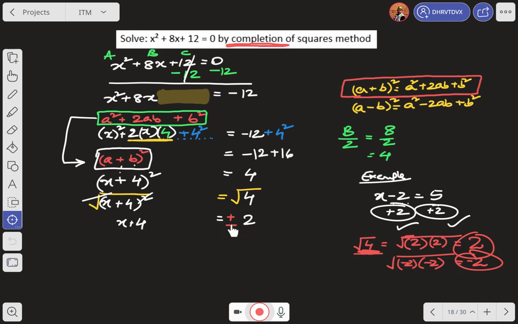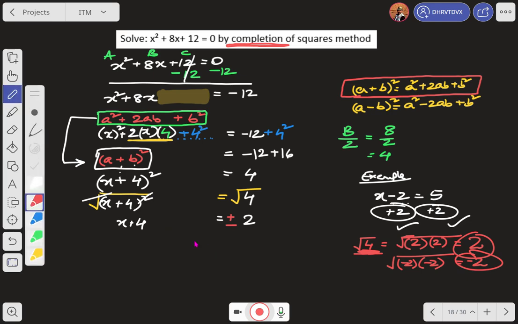As we have two signs here, at this point, let me make the screen into two parts. Then x plus 4 equal to positive 2, and x plus 4 equals negative 2. Now, let's go for inverse operations. To find the value of x, subtract 4 on both the sides.